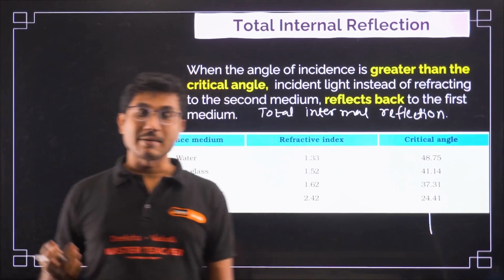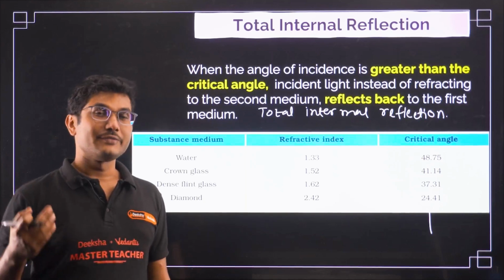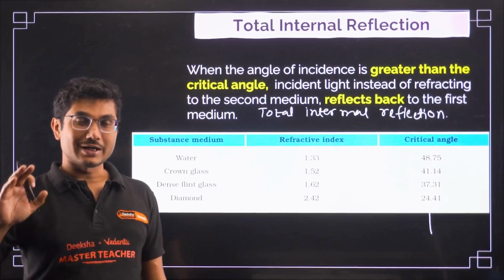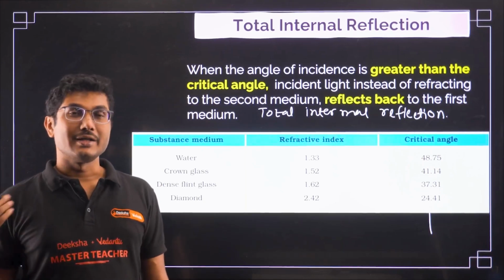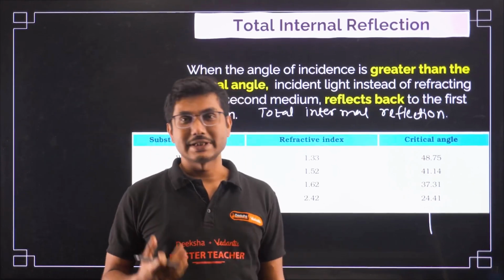The looks of a diamond depend on its cutting, and artists figured out in the past that if you cut a diamond in a particular direction, it gives you a brilliant look, and that's why diamonds are expensive.